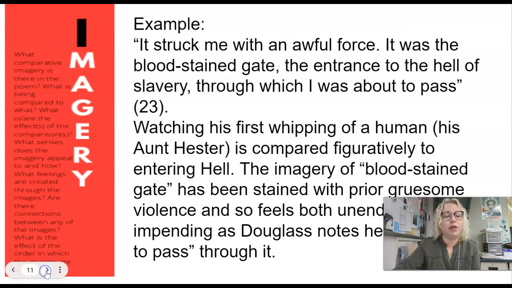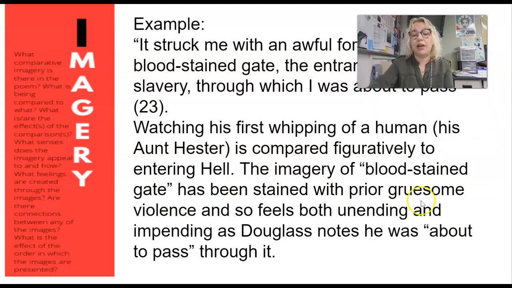Here's an example of imagery from page 23. "It struck me with an awful force. It was the blood-stained gate, the entrance to the hell of slavery through which I was about to pass." And here's my analysis. Watching his first whipping of a human, his Aunt Hester's, is compared figuratively to entering hell. The imagery of the blood-stained gate, stained with prior gruesome violence, feels both unending, perpetual, and impending.